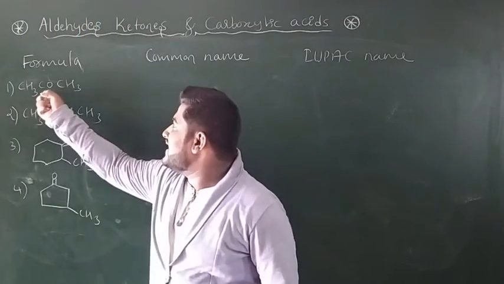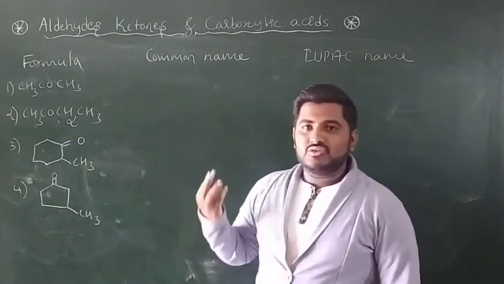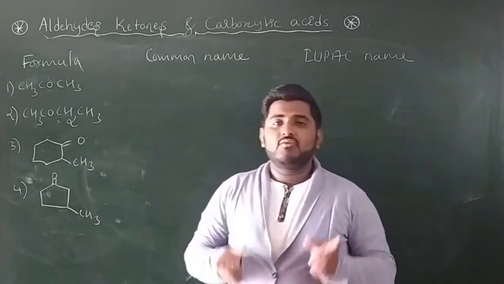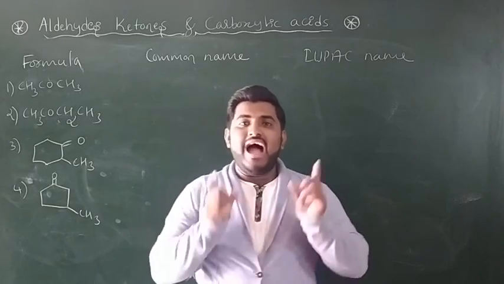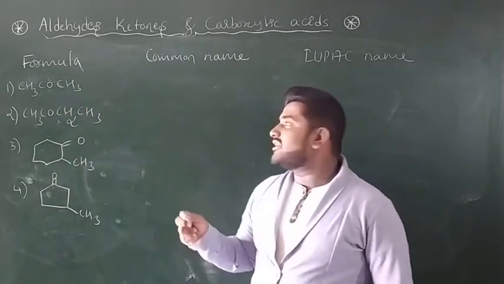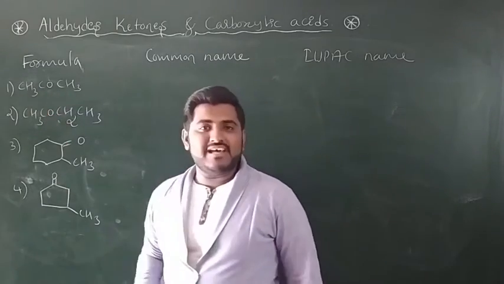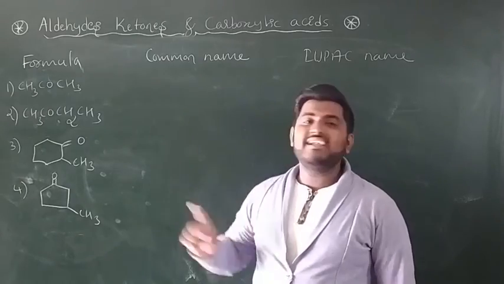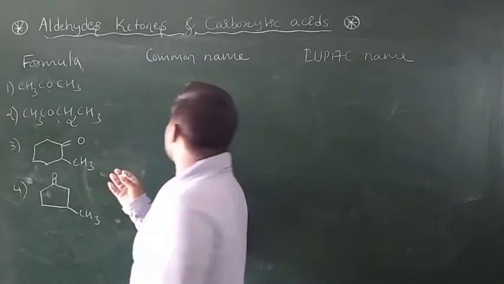Carefully see here, guys. CH3 CO CH3. So 3 carbon atoms are there. In the common name, I told you, we have to name the ketone by adding both alkyl group names. What are the alkyl groups here? Methyl groups are there. So we can write dimethyl ketone, or else we can write acetone. Both are the same in the common name.